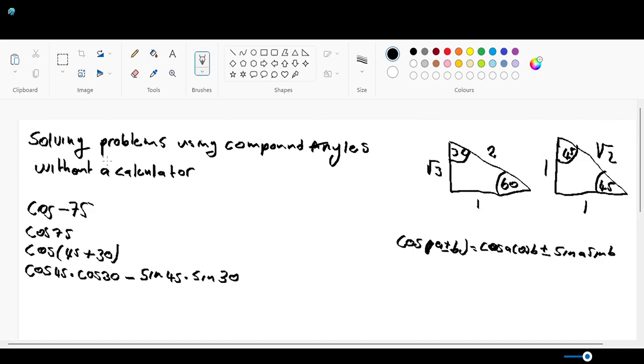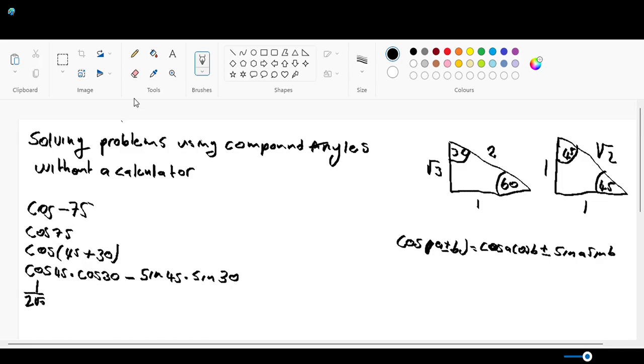All right, so let's continue. When you look at our right angle triangles, cos 45 is the same as 1 over root 2.